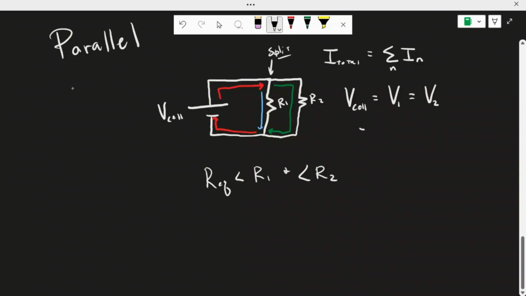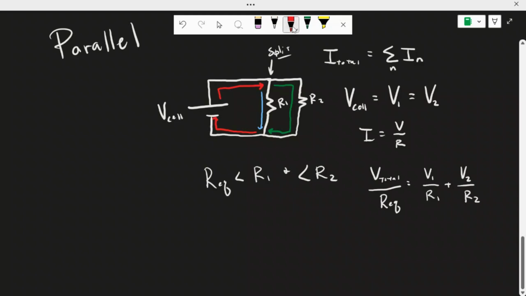I know that I is equal to V over R. And I know that they all have the same voltage, which is good. So I'm going to do this I total to get V total, which is just the same as all the other V's, over R equivalent is equal to, well, V1 over R1 plus V2 over R2.